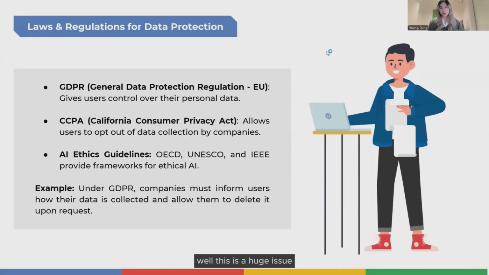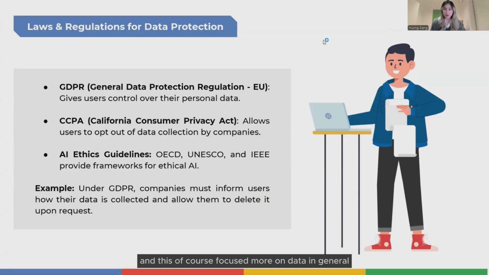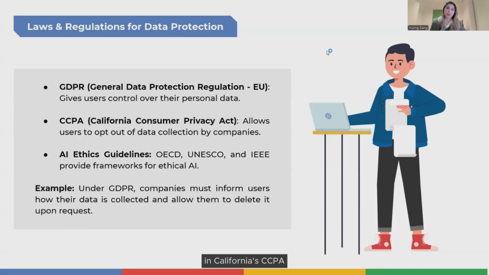Well, this is a huge issue, especially in the era of big data. So many countries have recognized this need to protect it. For example, the EU's General Data Protection Regulation (GDPR) dates back a long time ago, and of course focuses more on data in general, but it is still very relevant in the case of AI, especially how it can use and collect your data. There's also the California Consumer Privacy Act, the CCPA.